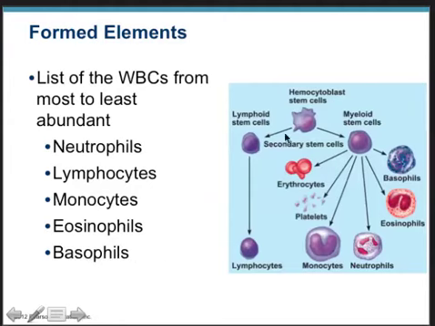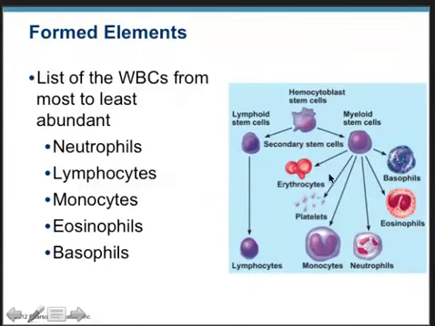All of these cells come from hemocytoblasts, which are found in the bone marrow. They're constantly dividing, either to produce lymphocytes or to produce the granulocytes, the monocytes, the platelets, and the erythrocytes.